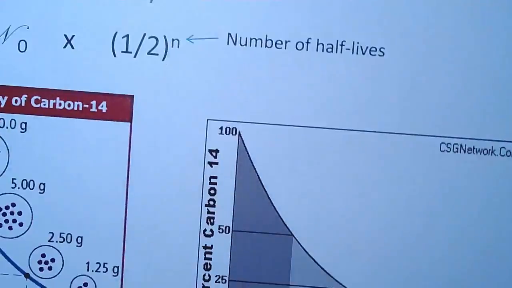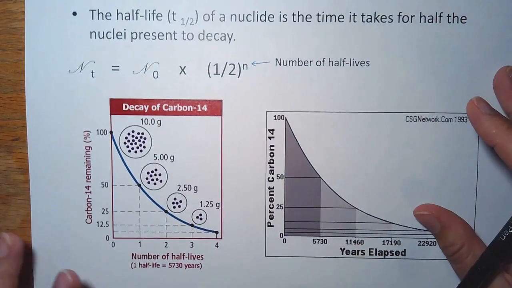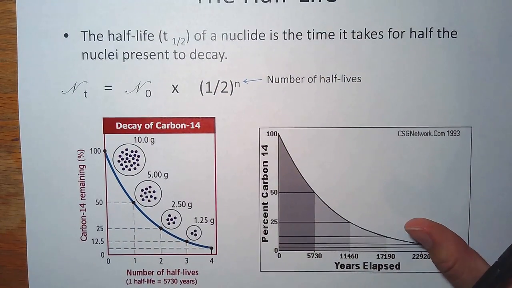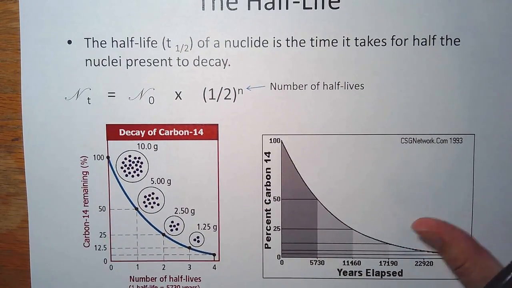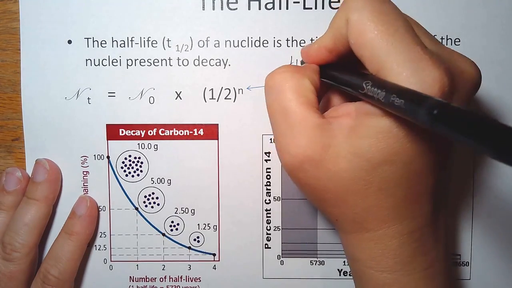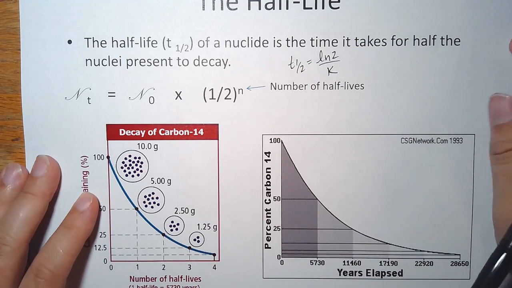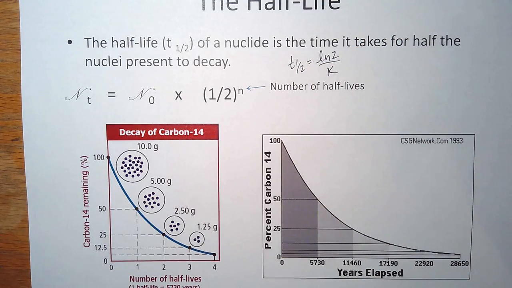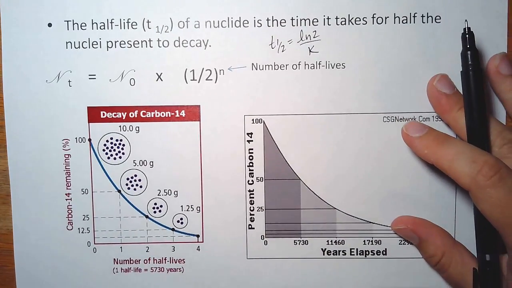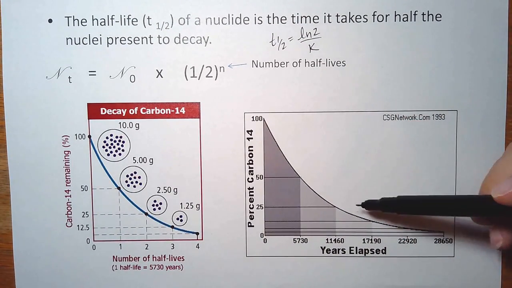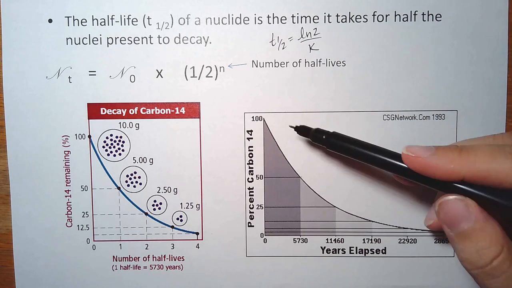Because this is first order, we also can follow the half-life rules. So remember, half-life for first order is only dependent upon the k value, ln of 2 divided by k. This also means that we have a curved line when it comes to our decay process instead of a linear relationship.